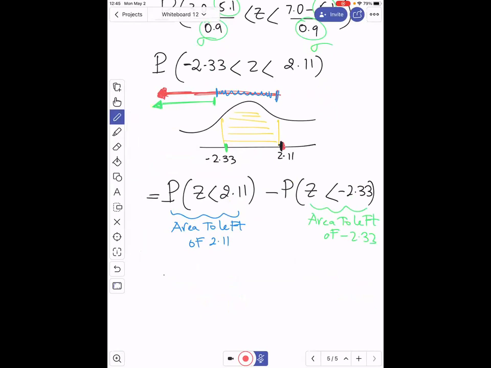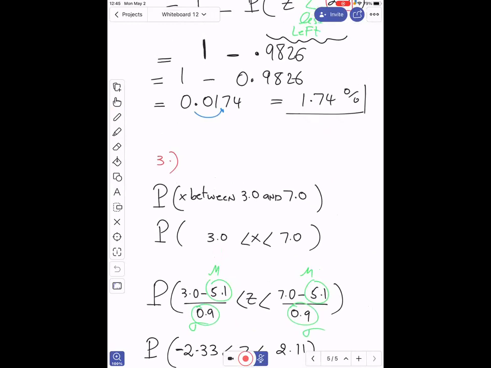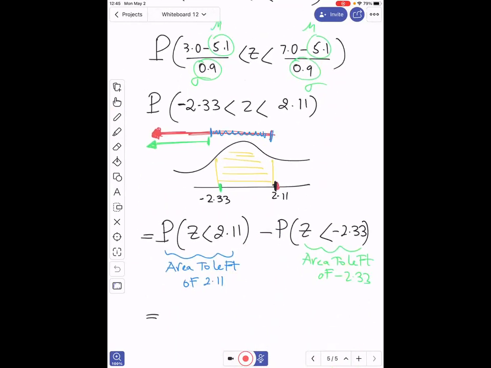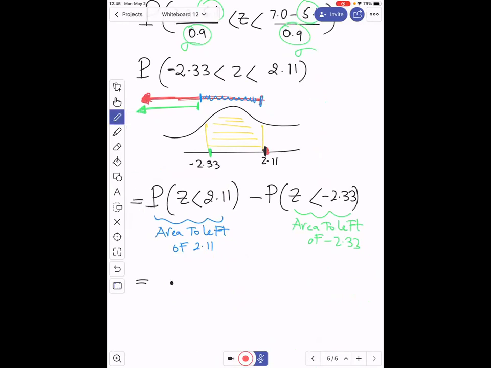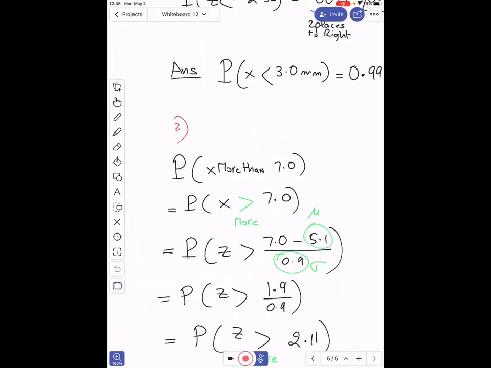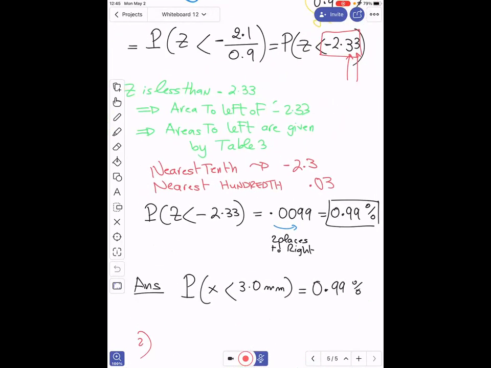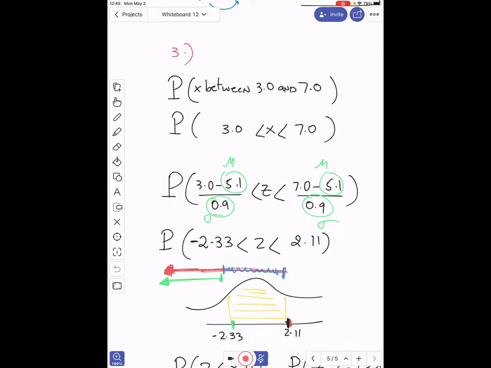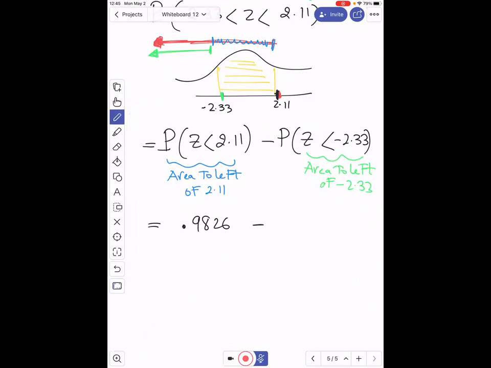So to the left of 2.11, if you use the chart, that would be 0.9826, minus the area to the left of negative 2.33. Where is it? Right here, it's 0.0099.